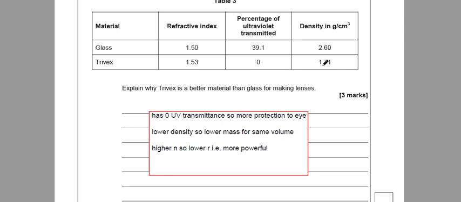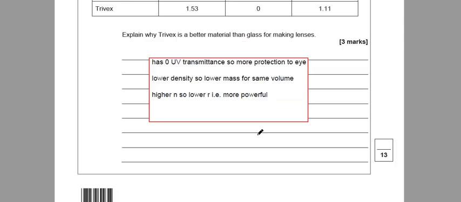It also has lower density, so for the same volume it will be lighter, so more comfortable to the person who wears the glasses. Higher refractive index, so lower r, which means it is more powerful, because rays are focused at a small angle.